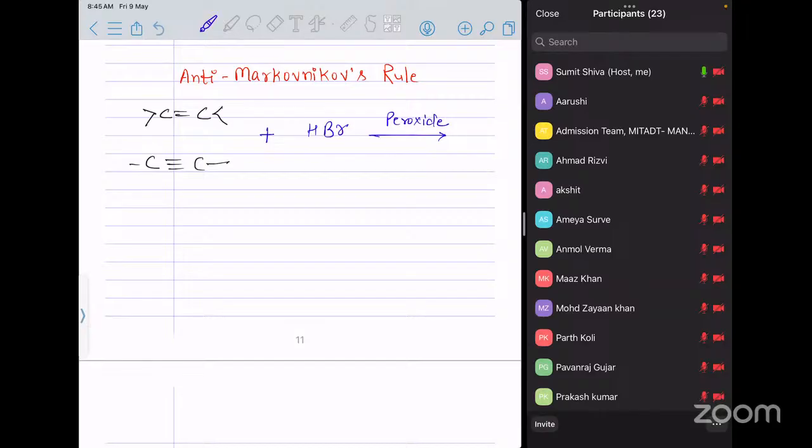Markovnikov states that the negative part of the reagent will be attached to the positive part. But in anti-Markovnikov, the negative part will be connected with the negative carbon and the positive part with the positive carbon, and this will be the major product. This will happen only with HBr in the presence of peroxide. If there is no peroxide, the reaction will take place according to Markovnikov rule.